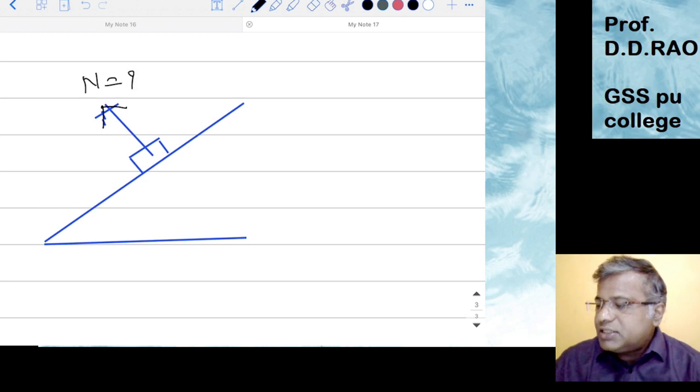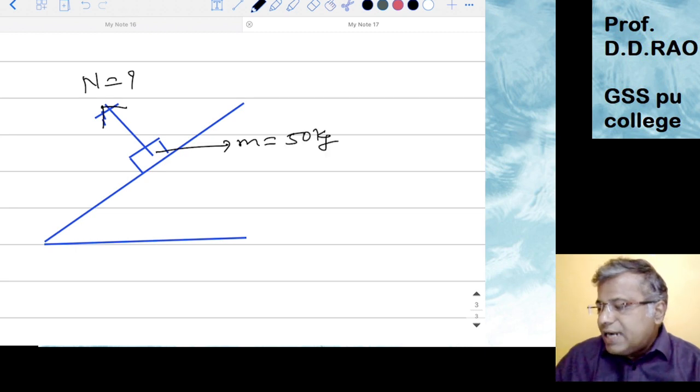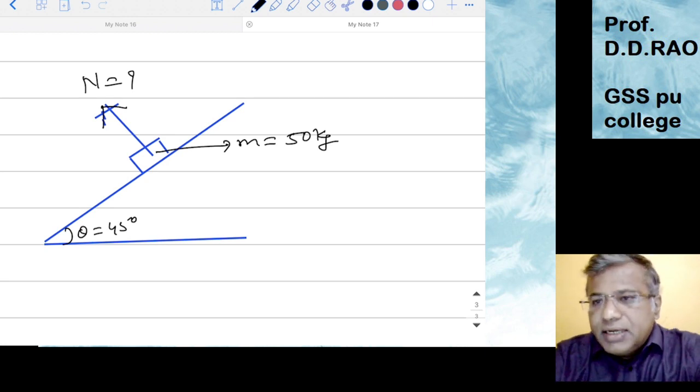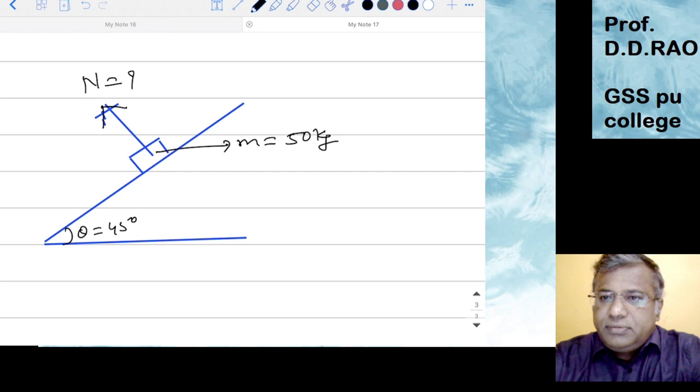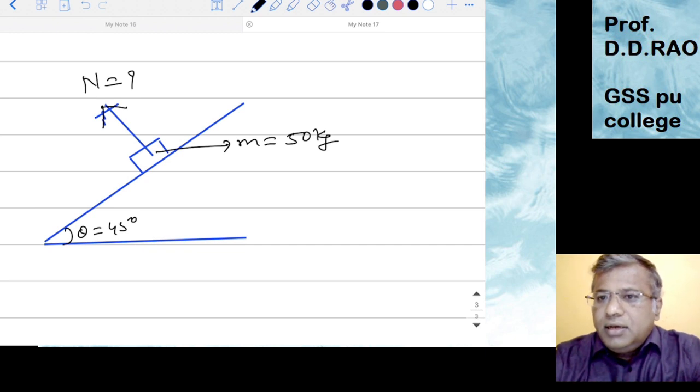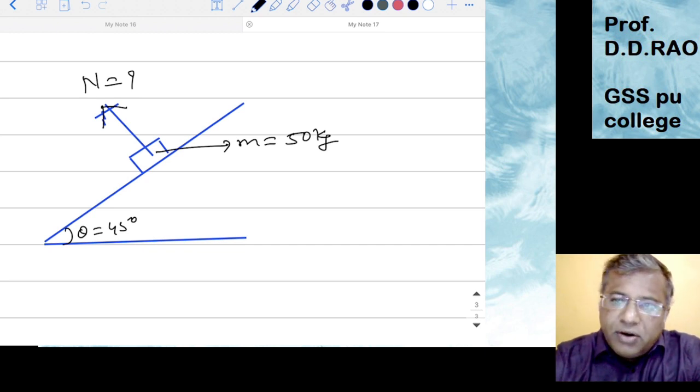Given the mass of the object is 50 kg and the angle here is 45 degrees. I'll give you 1 minute. Can you try this? In an inclined plane, what will be the normal reaction?